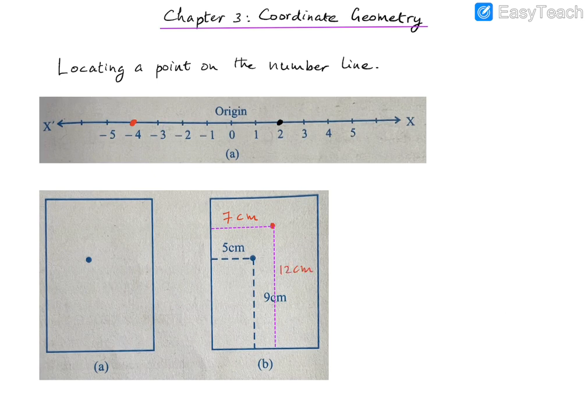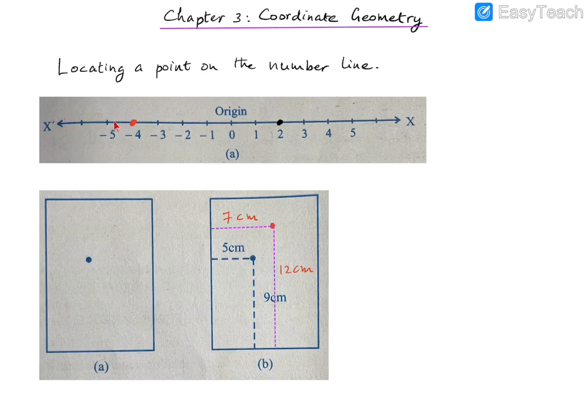Okay, so by using the reference edges, we can represent each and every point in a unique way based on the distance of that point from each of those reference edges. And this is what we are going to develop in coordinate geometry. So we will use two reference lines to represent our points uniquely.